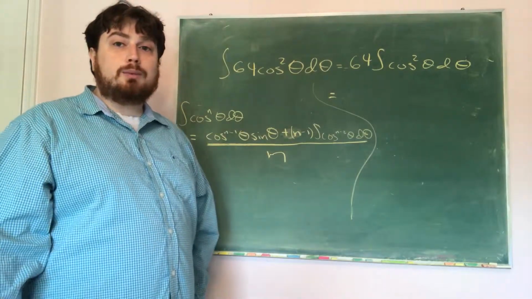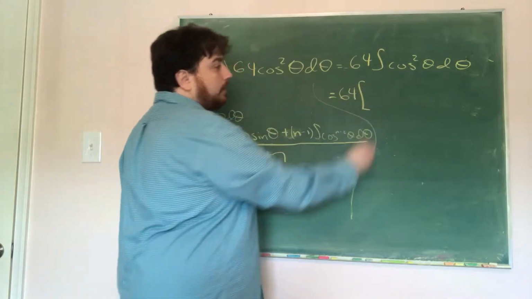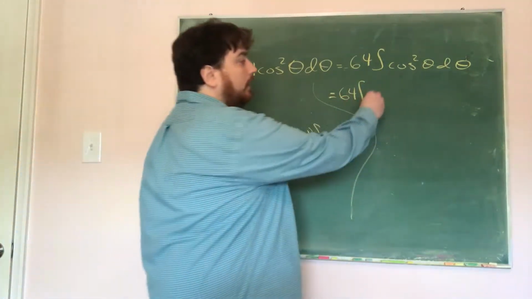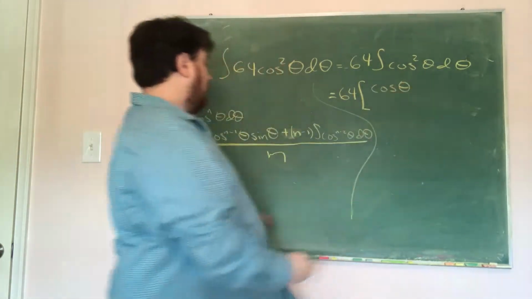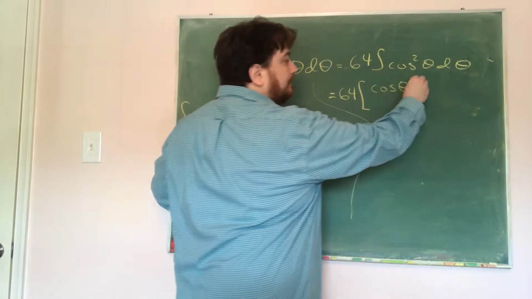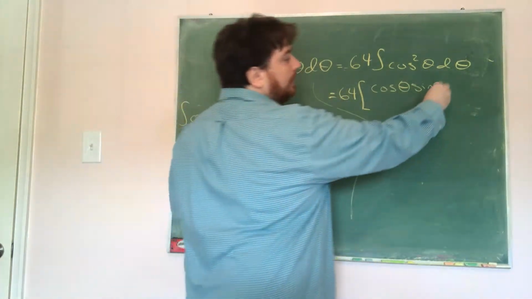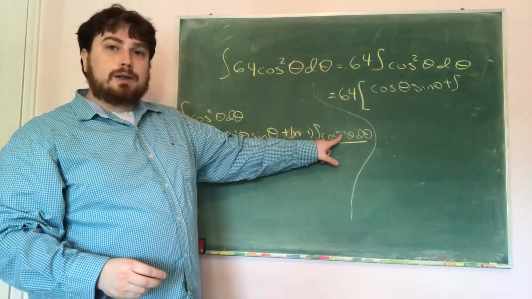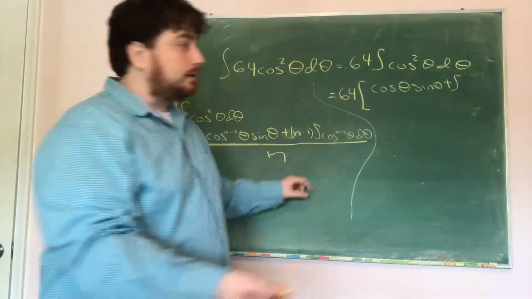And so what I'm going to end up with is the integral of cosine squared is going to be, well, I'm going to carry my 64. Cosine squared would be cosine to the 2 minus 1, which is 1, times sine of theta plus n minus 1, which is 1, times the integral of cosine to the n minus 2, which would be 2 minus 2 is 0, and to the 0 is 1.